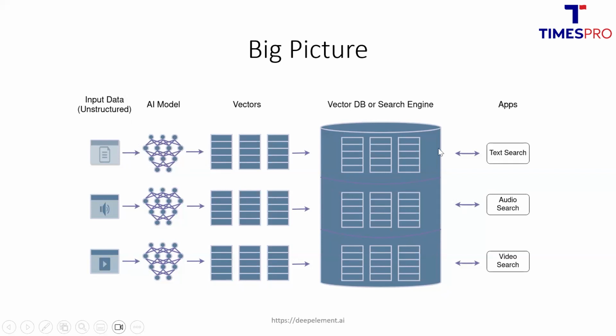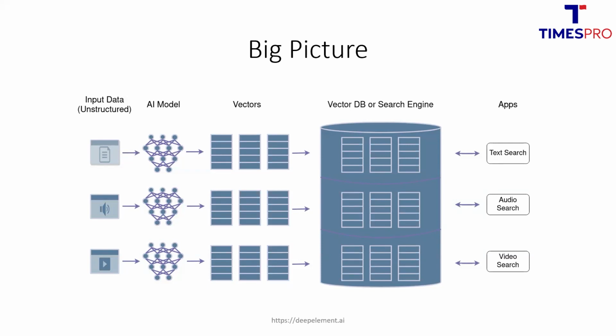We take the query entered by the user, send that text query into the same AI model, and as a result we get a vector. This is the query vector. So when we call the vector database, instead of sending the text, we send the query vector, and we ask the vector database to fetch vectors which are similar to the query vector. And we want to do it efficiently also.